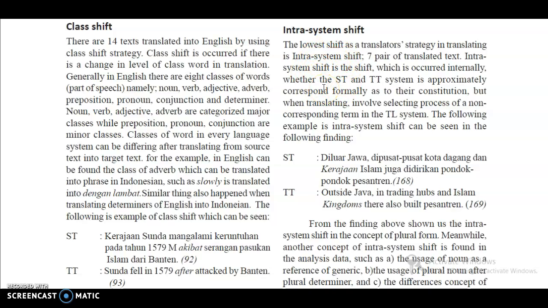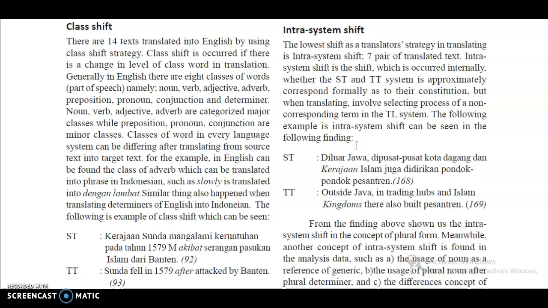Maybe if we investigate another source of data, the finding will be different. Now let's see the example of intra-system shift here.